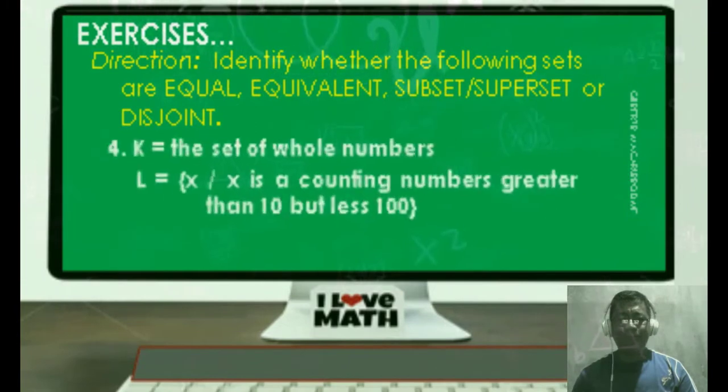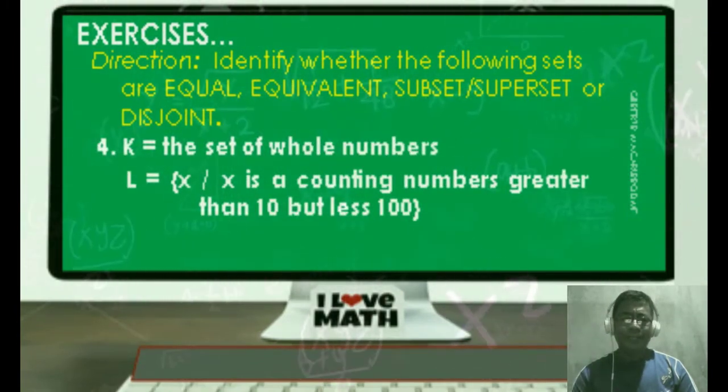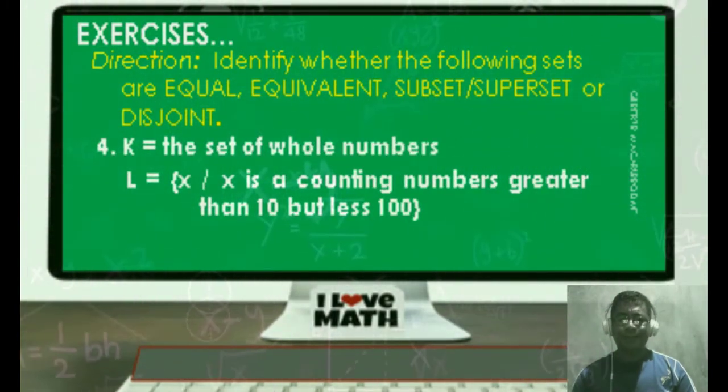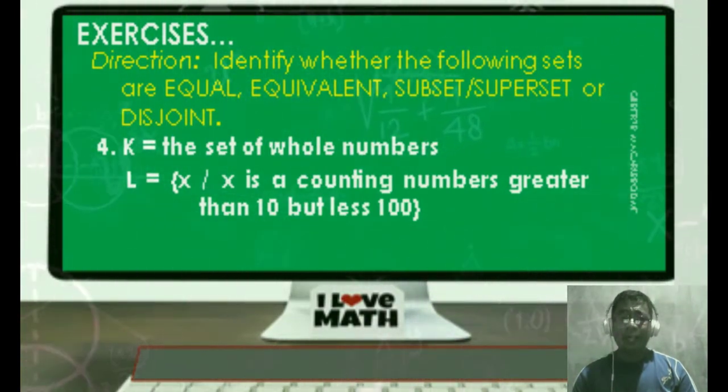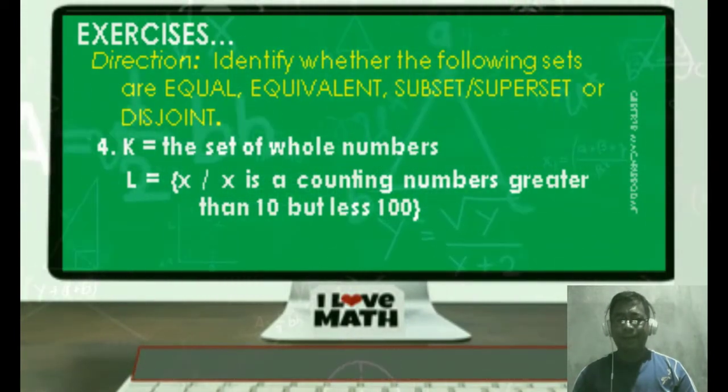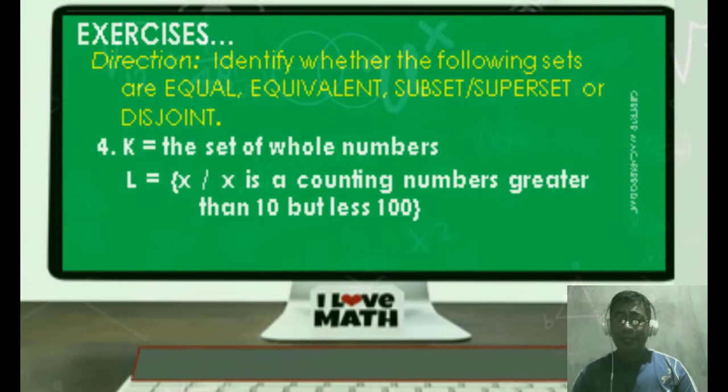Number 4. Set K and set L. Set K is equal to the set of whole numbers. Set L is equal to the set of X such that X is a counting number greater than 10 but less than 100. Set K is the set of whole numbers.